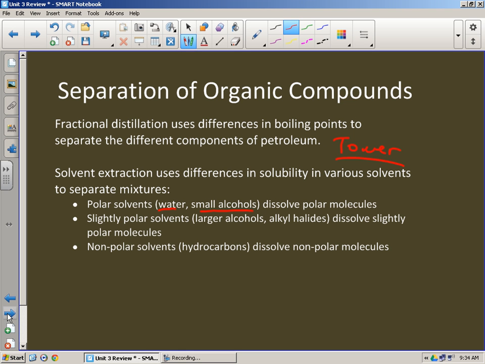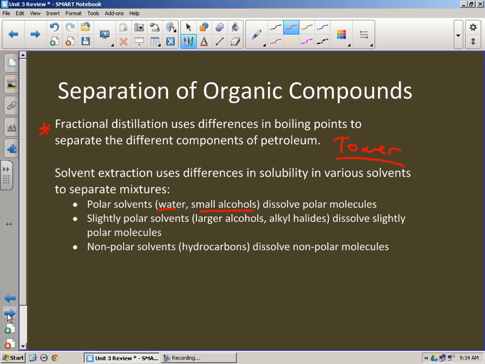That's kind of this up here as well, a little bit of boiling points there. But remember that boiling points tend to increase as the molecule gets larger and larger. However, as the molecule gets larger and larger, the polarity of that molecule actually gets smaller and smaller.